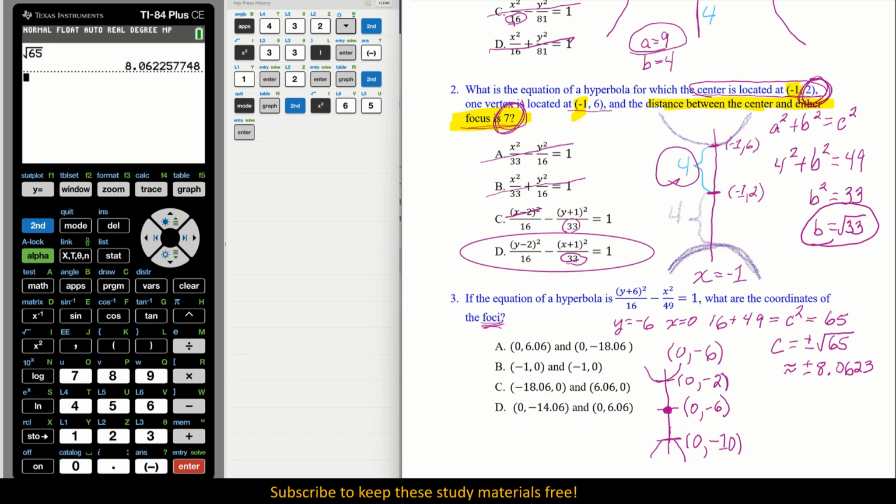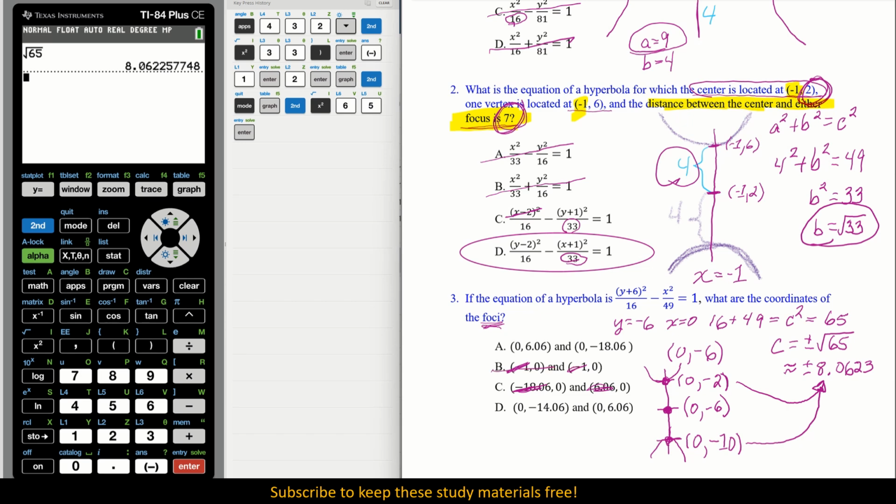So what are we really doing? We're taking our vertices along our y-axis, and we're saying plus or minus 8.0623. Obviously our x value has to be 0. Well, that already tells me this won't work, this won't work, this won't work.